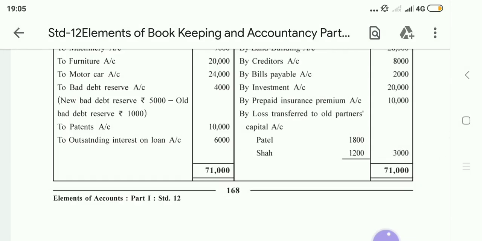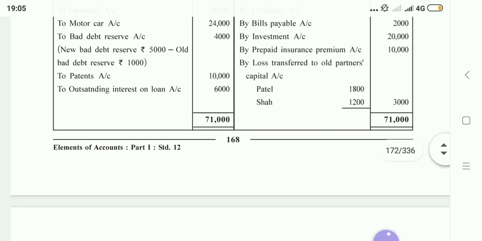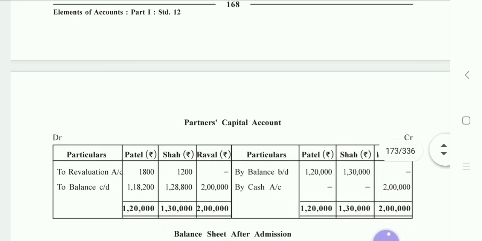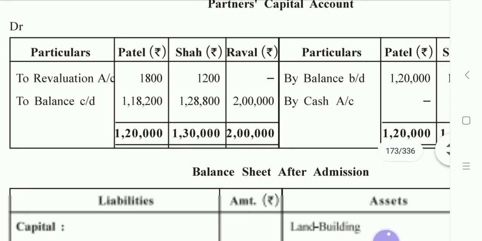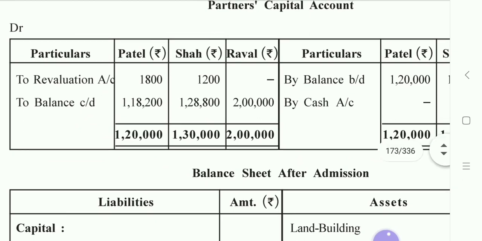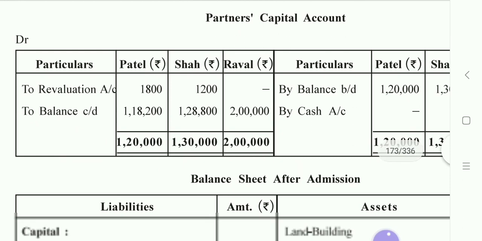So this answer is to be transferred to partners capital account, of course, because partners are going to bear the loss. So I have transferred here, you can see debit side, because it is loss, and so it has been transferred on debit side of partners capital account. If it was profit, then it is to be credited to partners capital account.